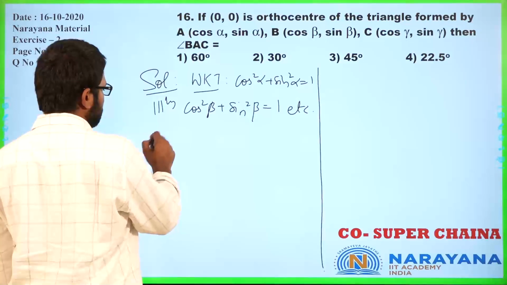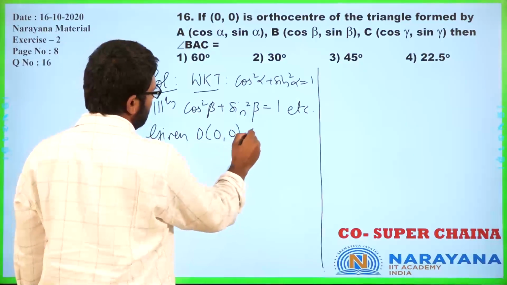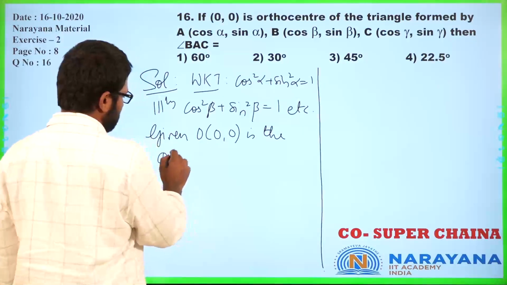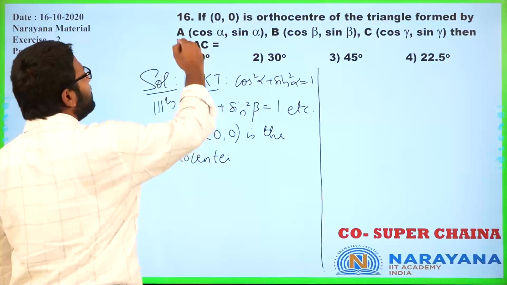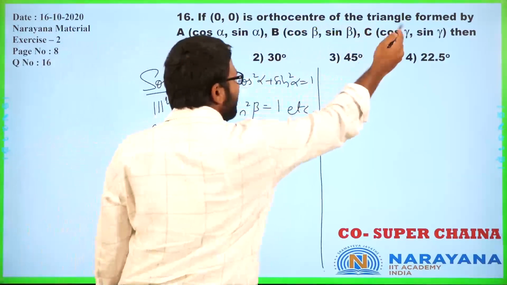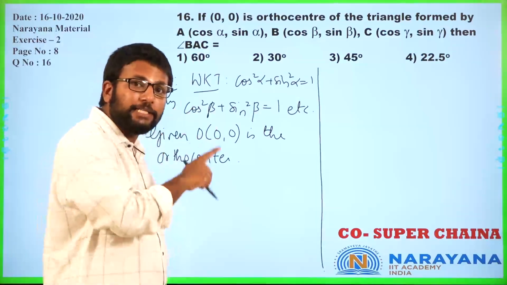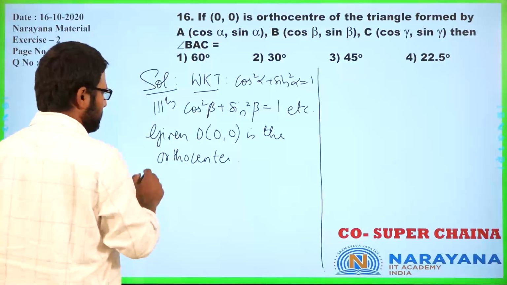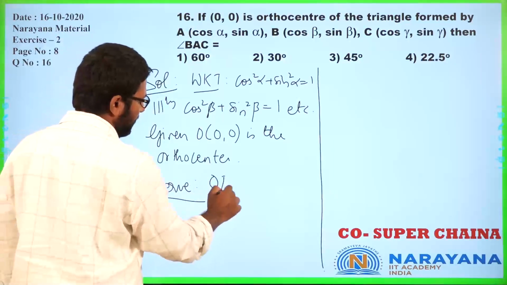Now, given O (0, 0) is the orthocenter, but how do I manage to square and add these? We did this in the previous question. Squaring and adding you can achieve by finding distance from the origin. So observe OA square.